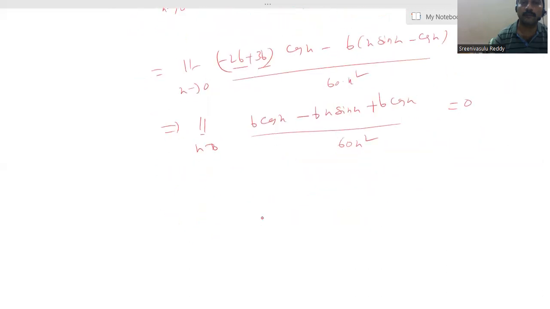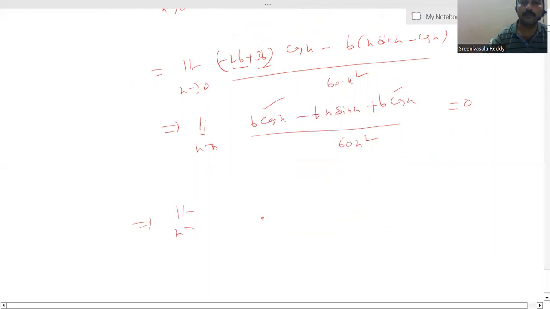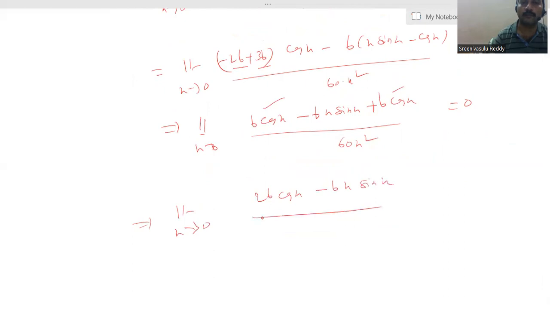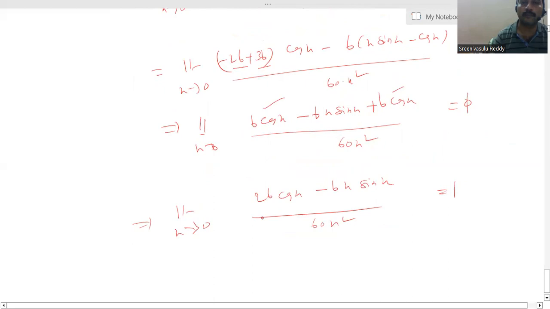We have two b cos x values. That implies limit x tends to 0, 2b cos x minus bx sin x by 60x square equal to, sorry, 1, not 0, 1.